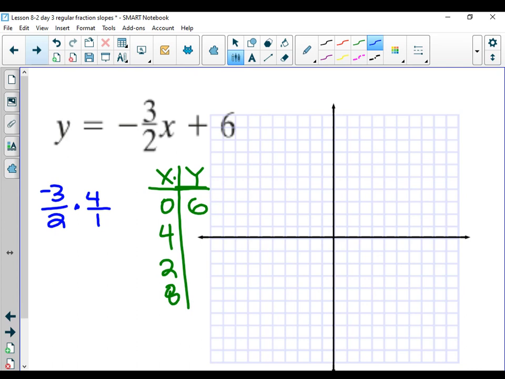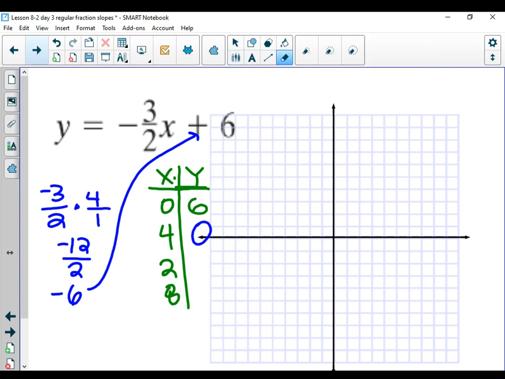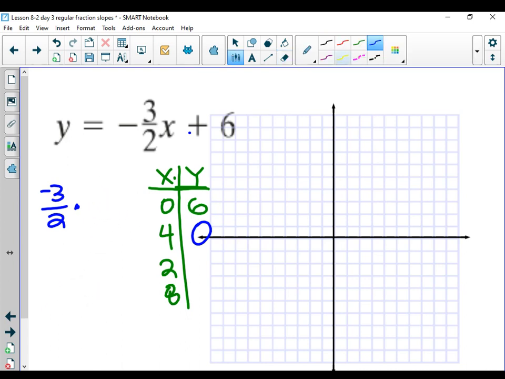Negative 12 over 2, and that would be negative 6. Negative 6. Negative 3. Positive 3.